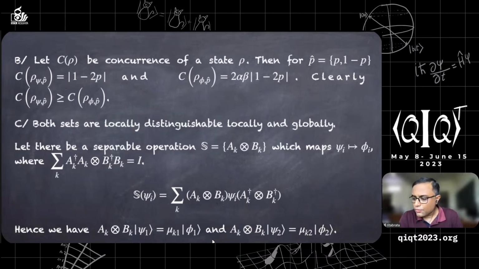Okay, now for given k, I need to consider two possibilities. One, that mu_k1 and mu_k2 are both non-zero, or the second possibility that one of them is 0.